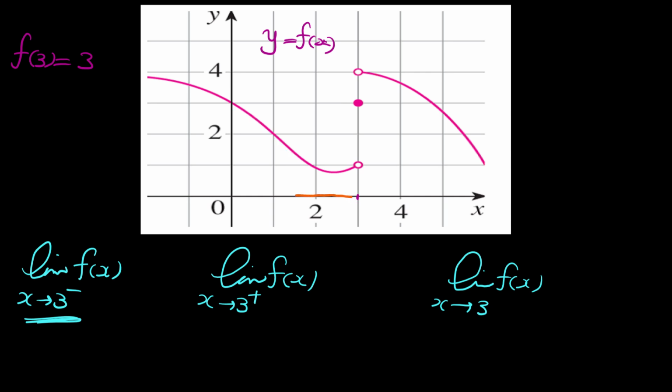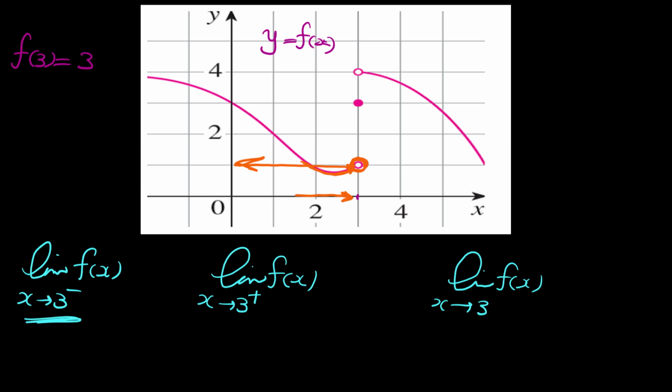When we go toward 3 from the left side, if we follow this curve, we can see that we gradually move toward this hole. And so the y value gradually approaches the y value of this hole, which is 1.